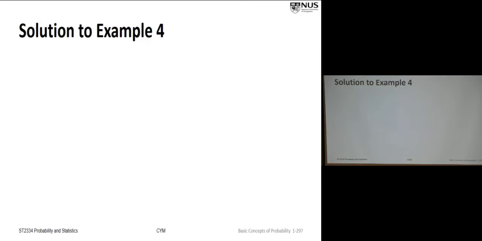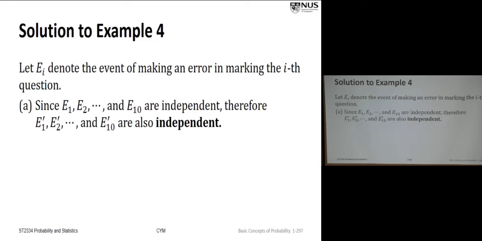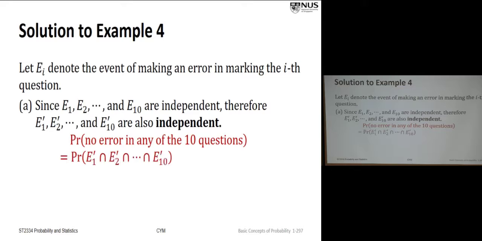All right, so we write down our event. Ei be the event of making an error in the ith question. So we have E1 up to E10. And they're all independent. All right, no error means that it is E1 complement, intersect E2 complement, and so on.